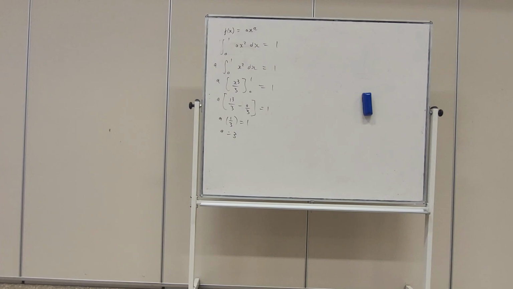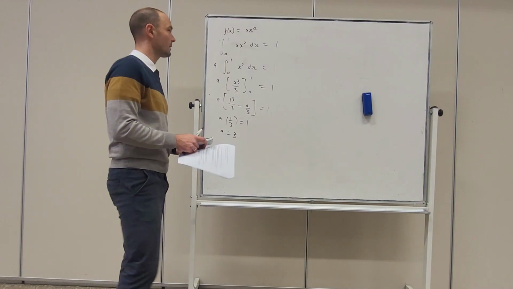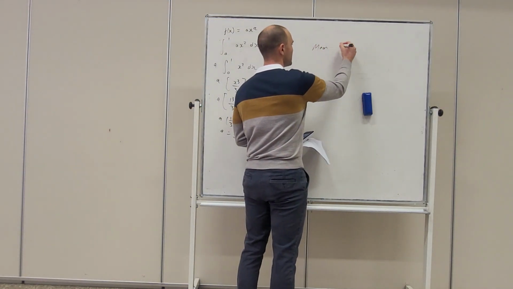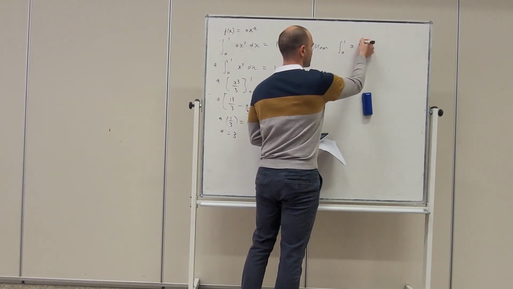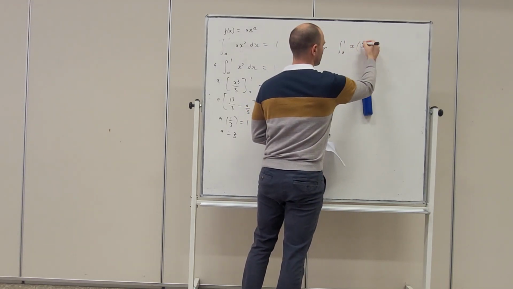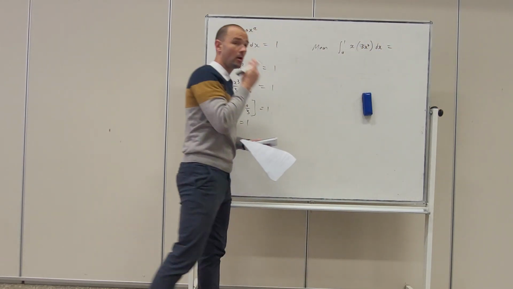Okay, part B says find the mean, median, mode, and standard deviation. Now in the tests, historically, this has sort of been question 1, and you get 4 marks here, really just for typing in all of these things into our calculator. So the mean is the integral from a to b of x times f of x, times 3x squared. Okay, so that's going to be our mean. We'll type that in a moment.